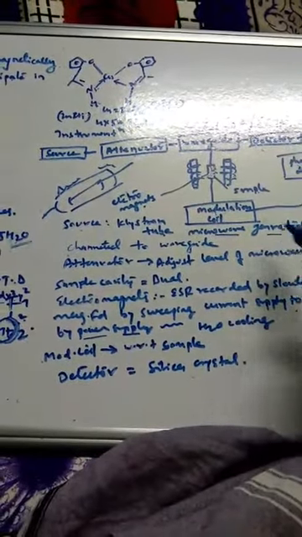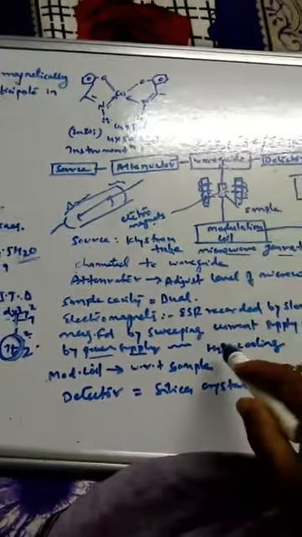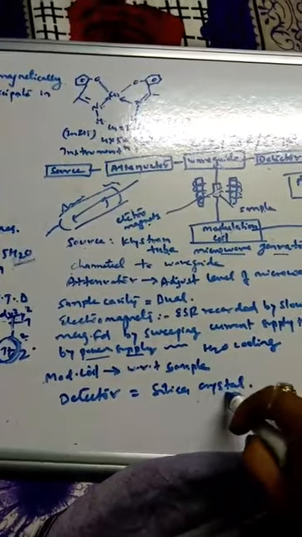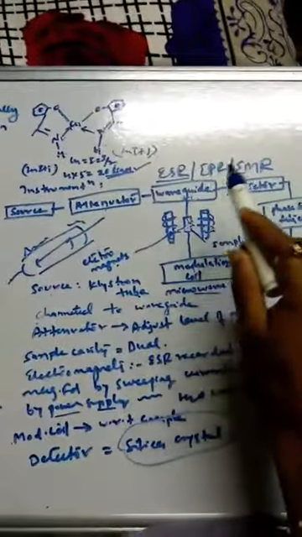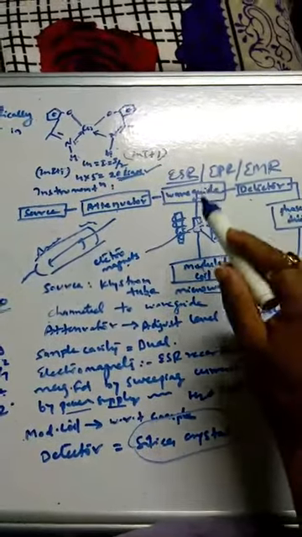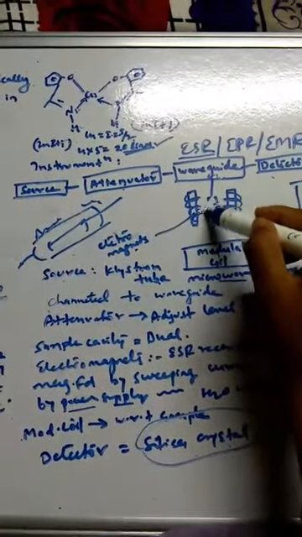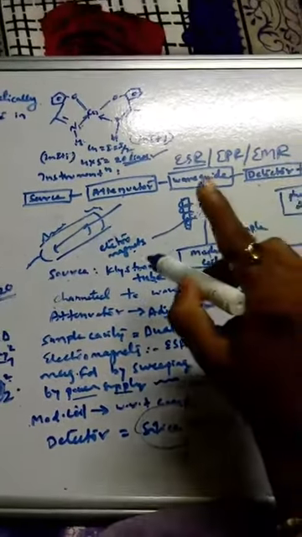Both help to give the resonance a very sharp peak. Finally, the detector is made up of a silica crystal. So this block diagram explains how the ESR spectrometer works. The main thing is that the sample is very important; it should have at least one unpaired electron.